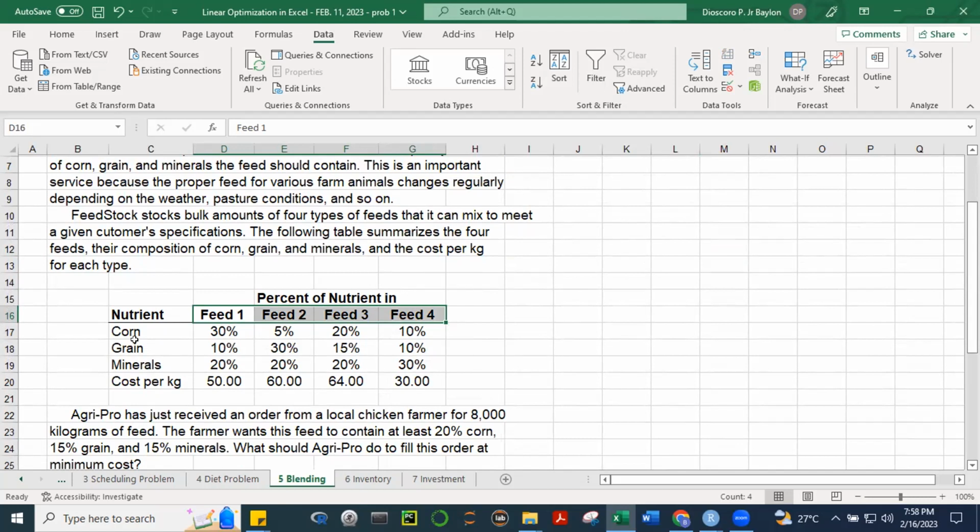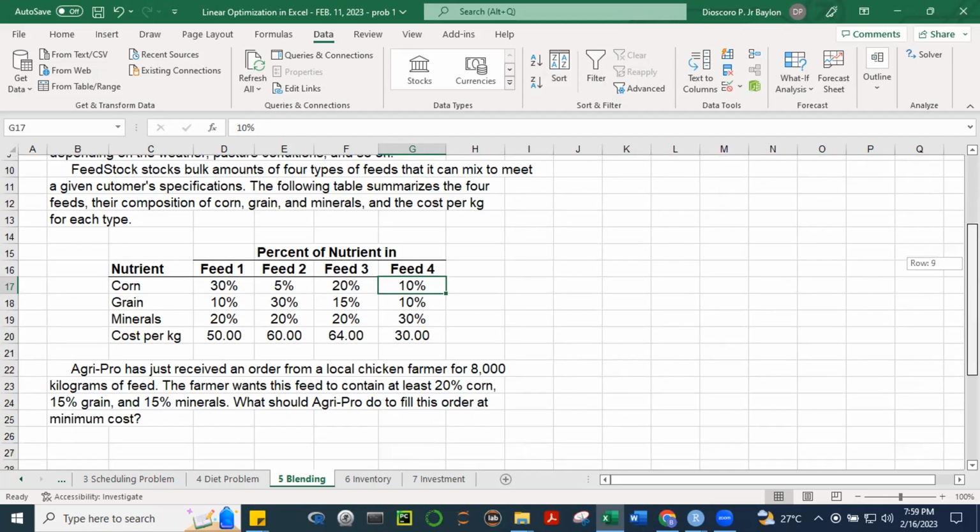So the main ingredients are corn, grains, and minerals. For example, feed 1 has 30% grain, while feed 4 has 10% corn. Feed 2 has the highest amount of grain, and this is actually for the specific dietary needs of, what is this for? I think chicken or various farm animals, and also minerals. And then we have the cost to produce each of them.